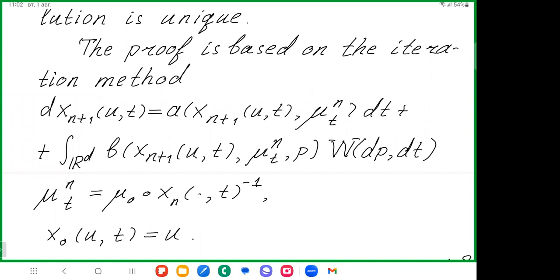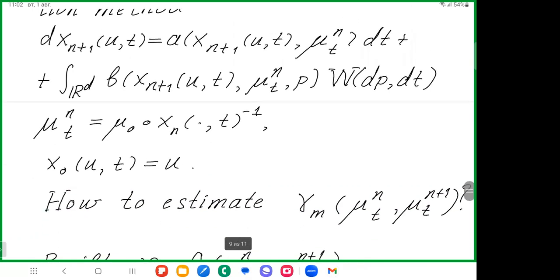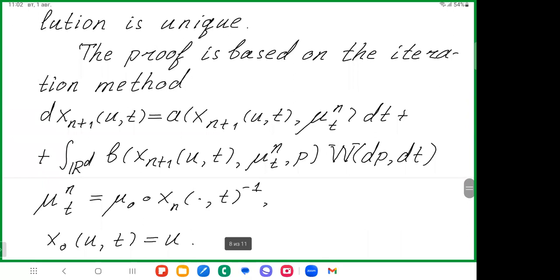And initially we start from the mapping x0, which is just the identity map. This is a usual iteration scheme, but we have to solve some new problems.